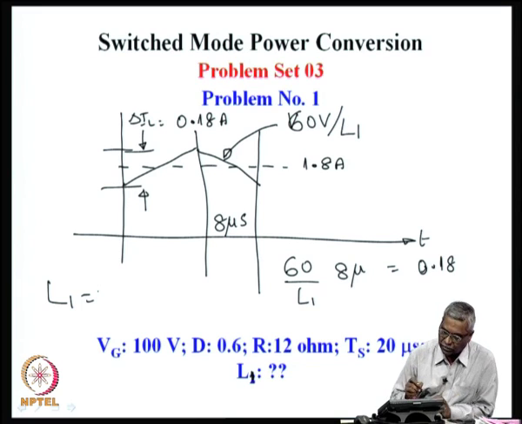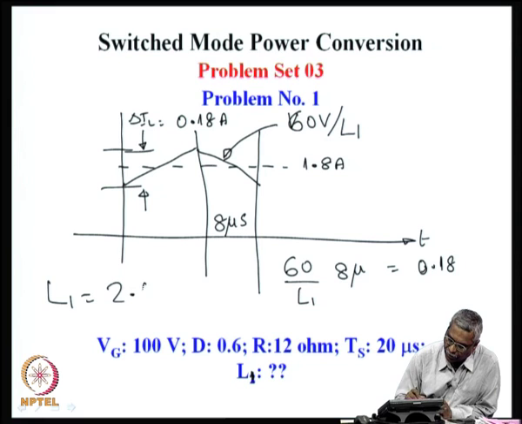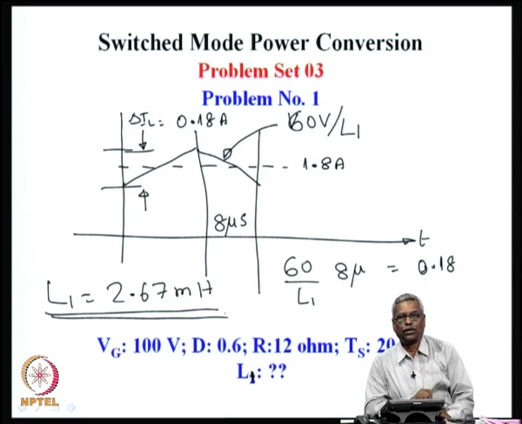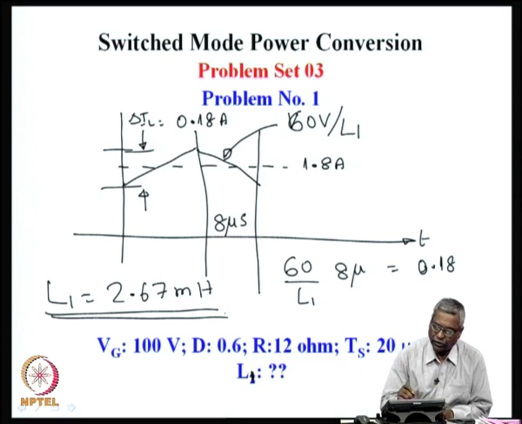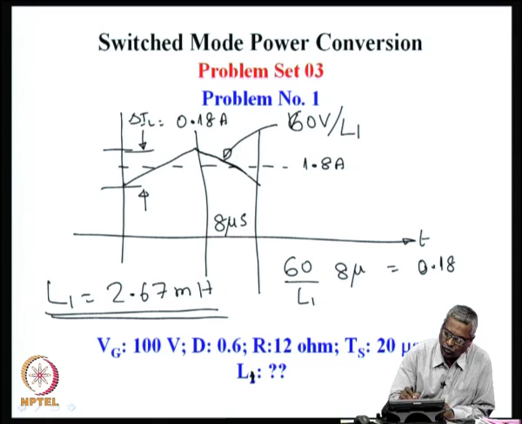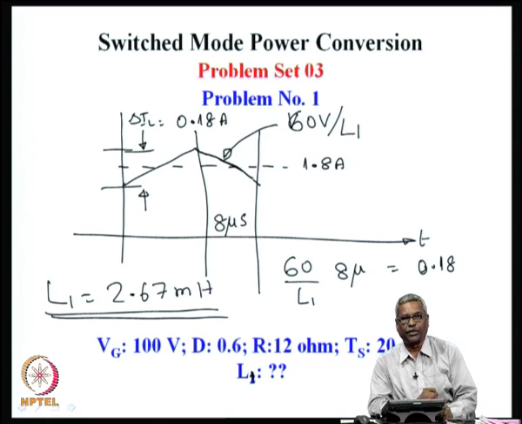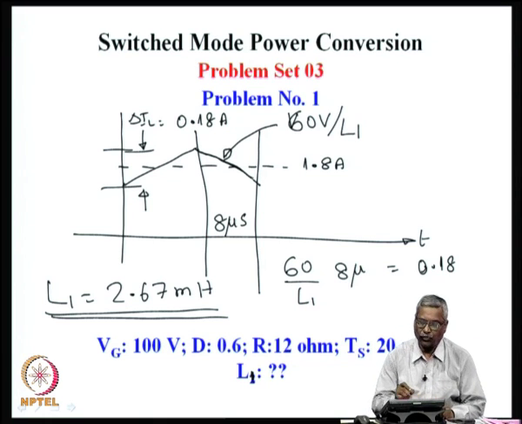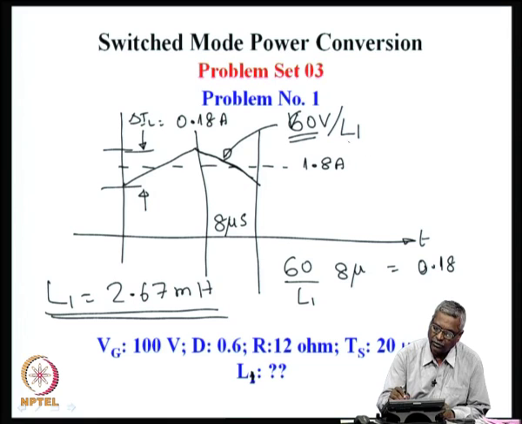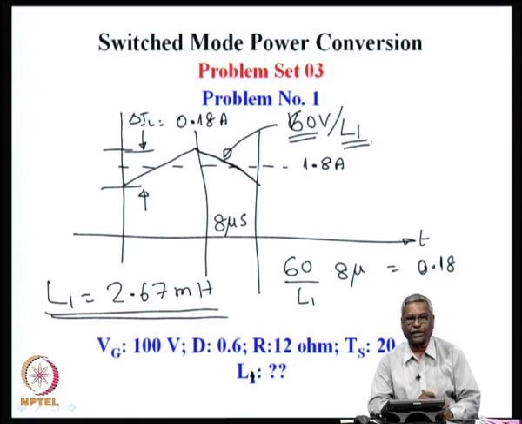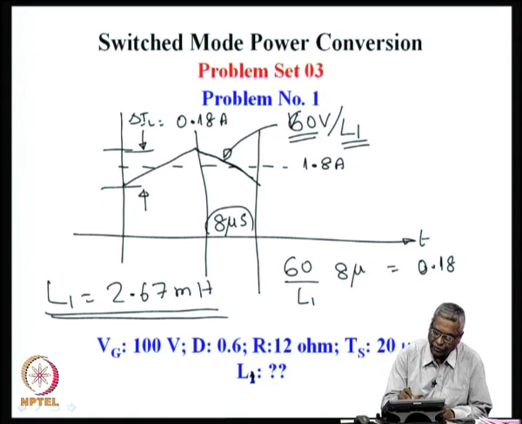which is 2.67 millihenry. Now, the same principle was applied. We found out what is the di by dt during the off time, what is the voltage across the inductor, and the di by dt is V by L, and during the off period this inductor is losing that voltage.